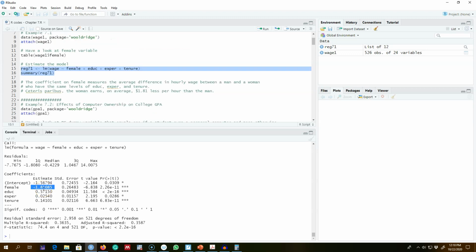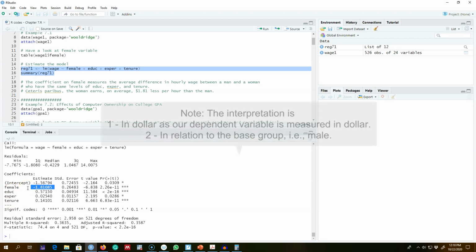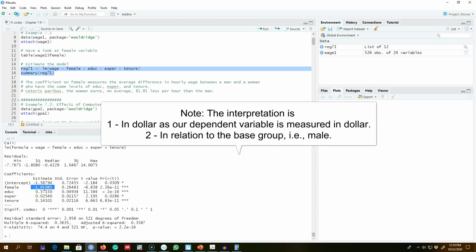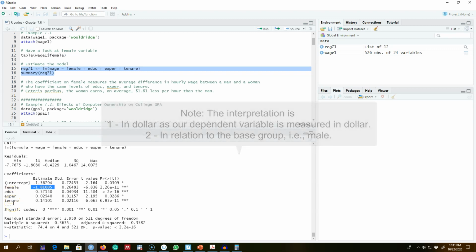So according to these results, we can draw ceteris paribus interpretations that holding tenure, experience, and education constant, females on average earn $1.81 less than their male counterparts. That is, if we pick two individuals with the same level of education, experience, and tenure, a female will be making $1.81 less than a man with the same level of education, experience, and tenure.